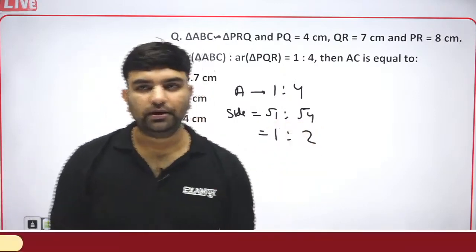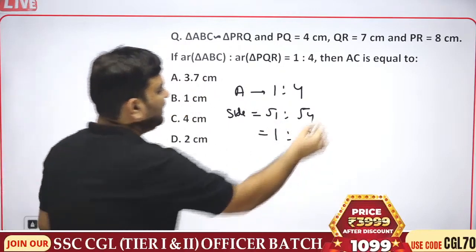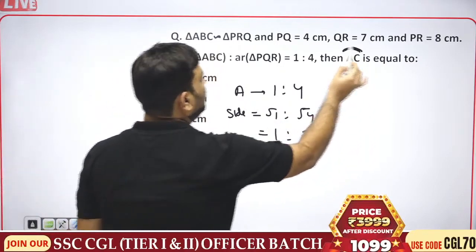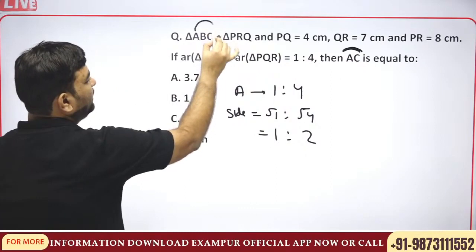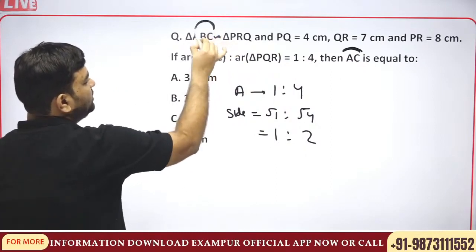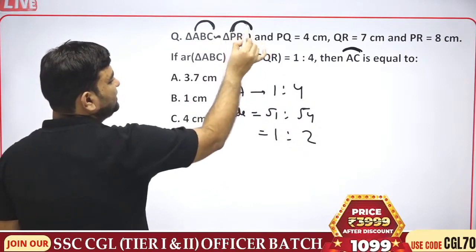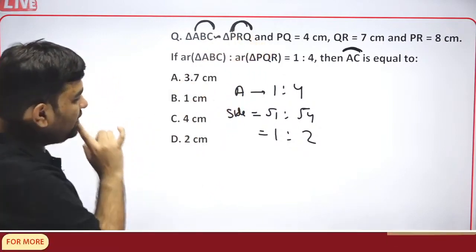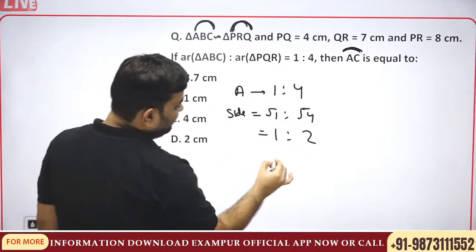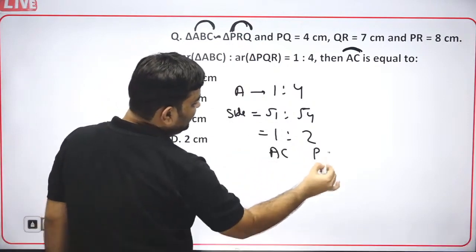They are asking AC. Put a cap over AC. So for AC, what is required? PQ. So I would say that AC and PQ would be in the ratio 1:2.